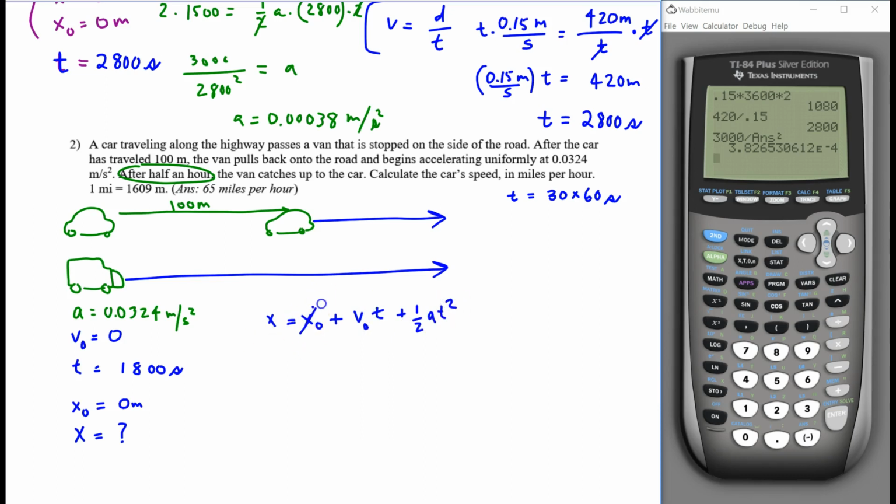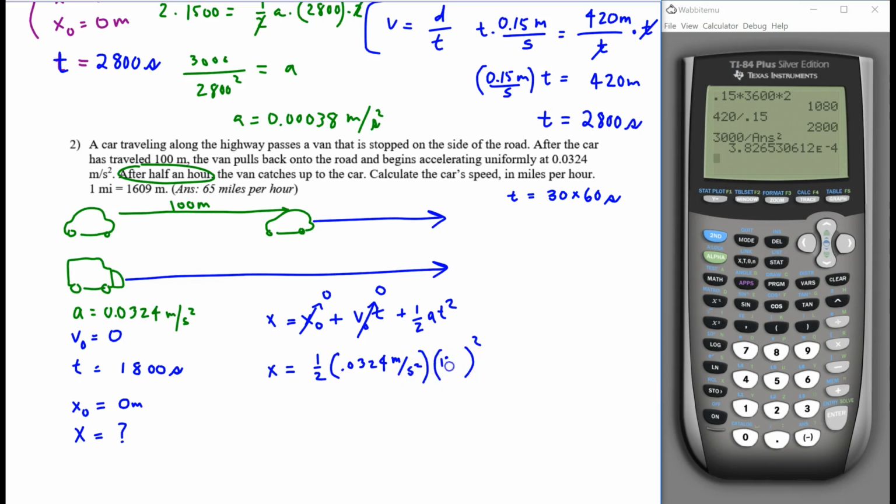This is 0. V0 is 0. And 0 times time, no matter what the t is, that gives 0. So we know x, that's our unknown. That's what we're looking for. Acceleration, 0.0324 meters per second squared. We're squaring the time. So the seconds squared will cancel with those seconds squared.